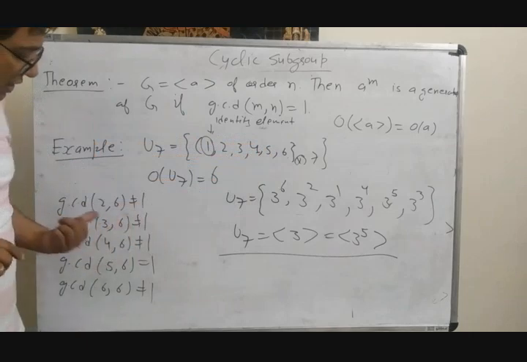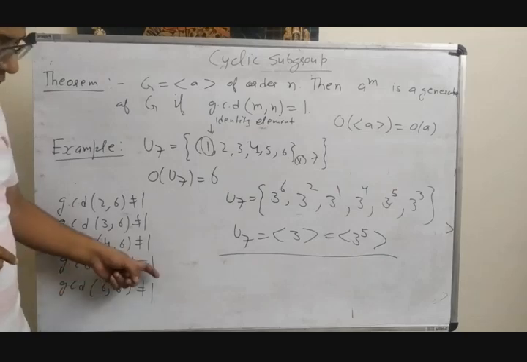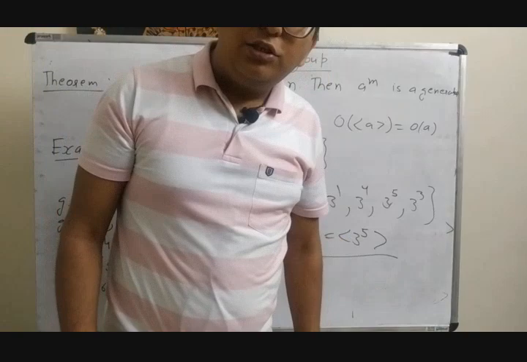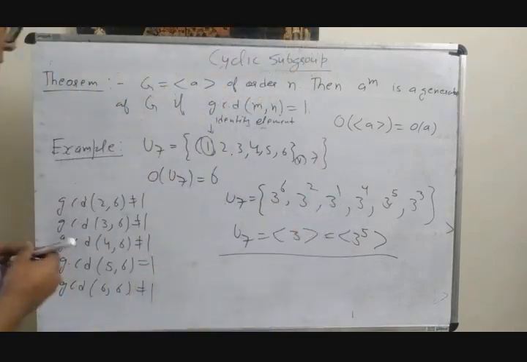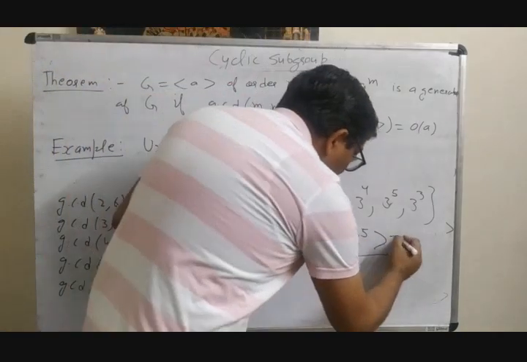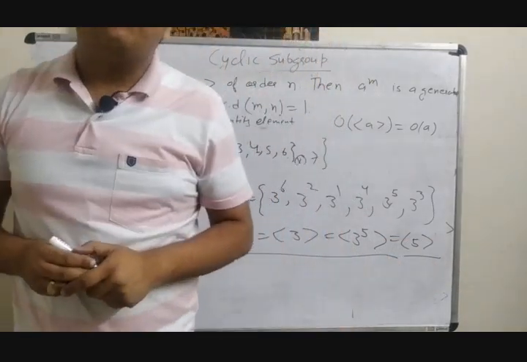We find the GCD of 6 with 1, 2, 3, 4, 5, 6, and in the case of 5, it comes to be equal to 1. So 3 raised to power 5 will be the other generator. And 3 raised to power 5 is equal to 5. So one generator is 3, another generator is 5.